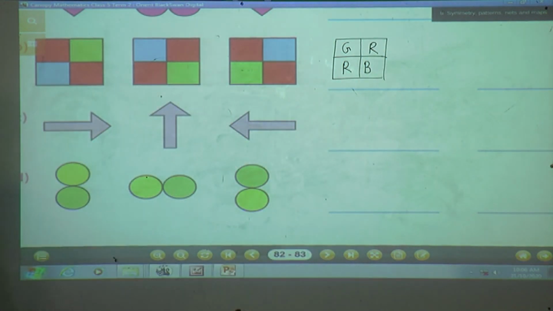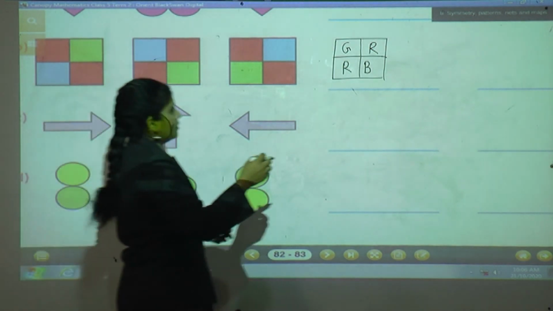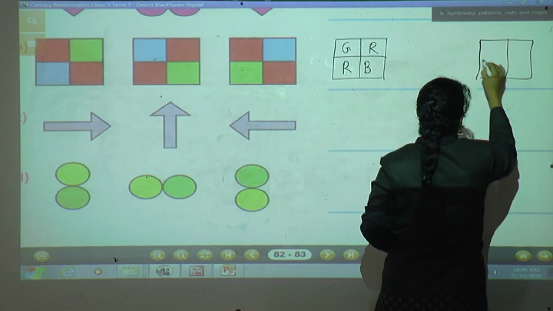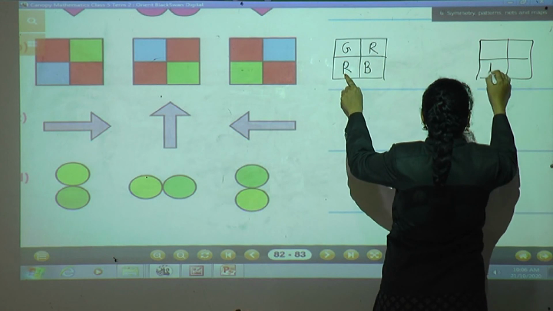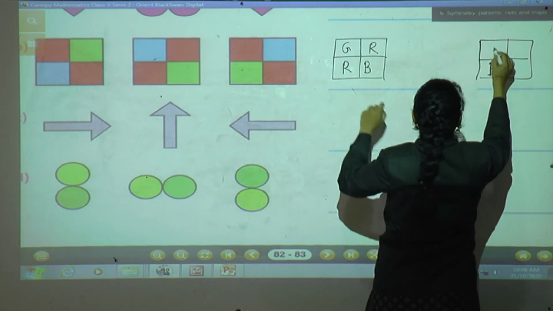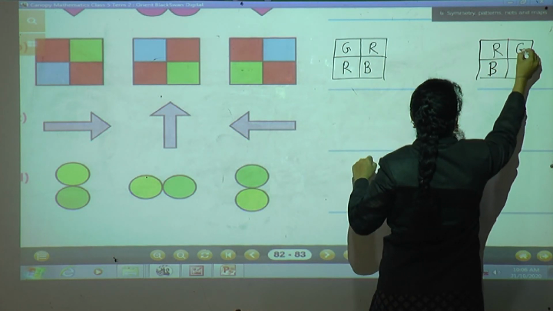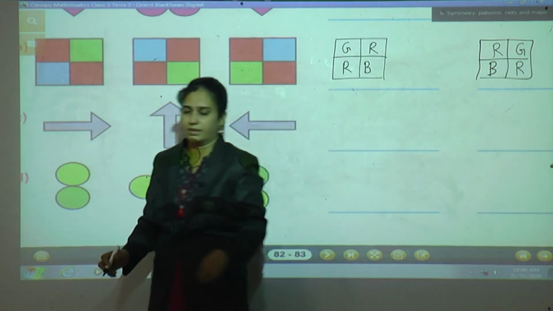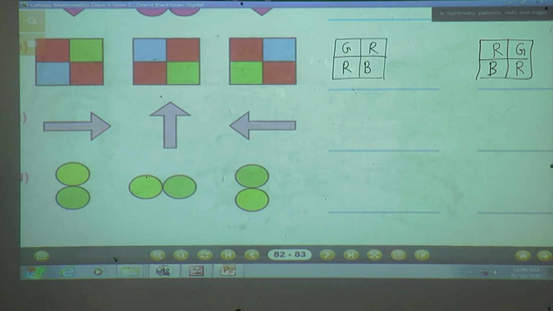Okay, is it correct? Okay, now next one, the blue color will come here. So the red color here, green color here, and remaining here red color. Okay, understood all of you?